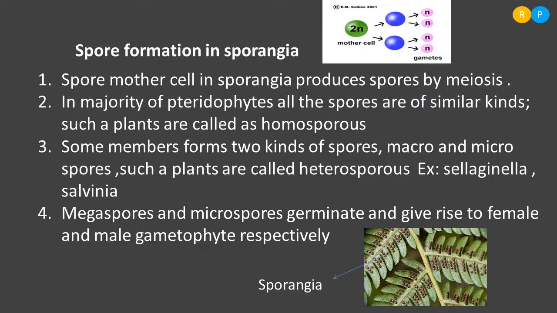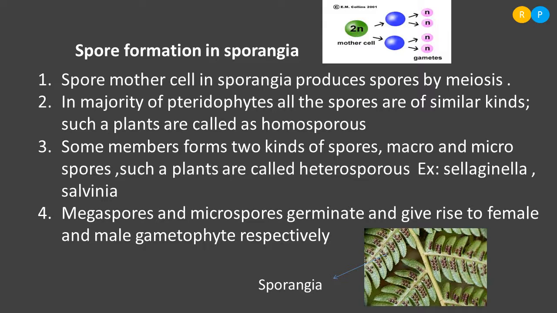That means they will rupture the wall of the sporangia and come out from the parental plant. They will get dispersed to the outer environment, germinate and give rise to the gametophytic plant. Understood? Clear? So the gametophytic plant body forms by the germination of spores.